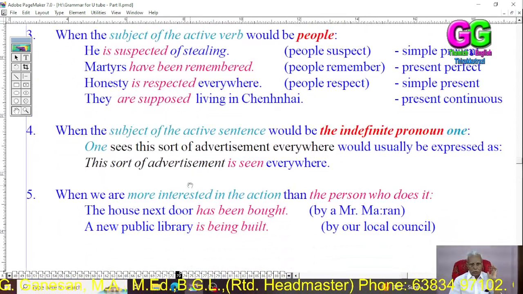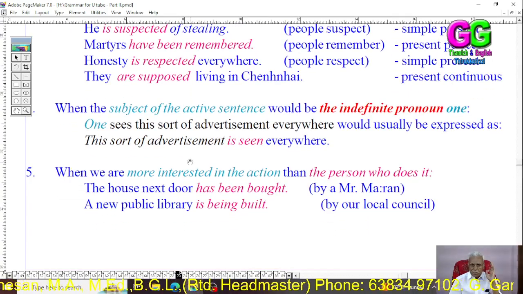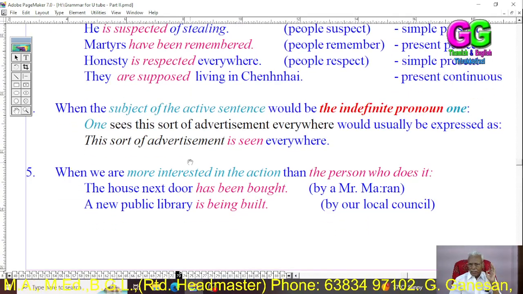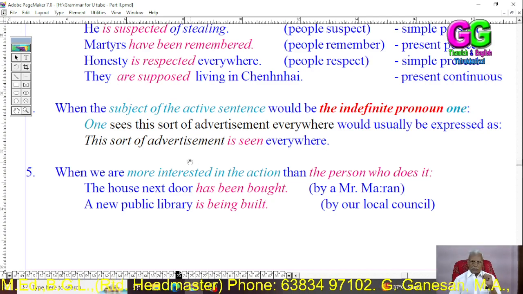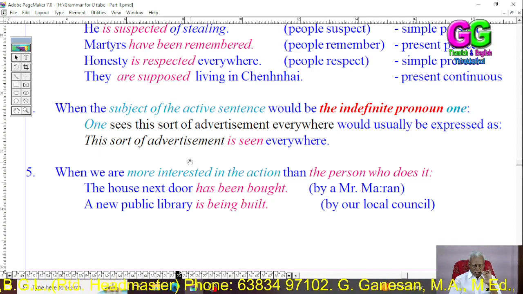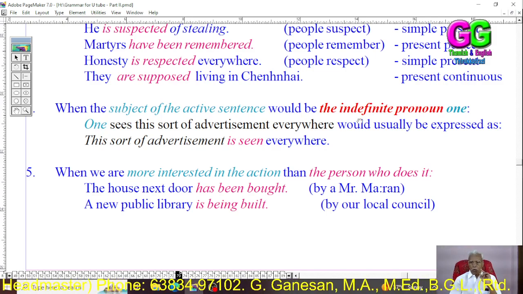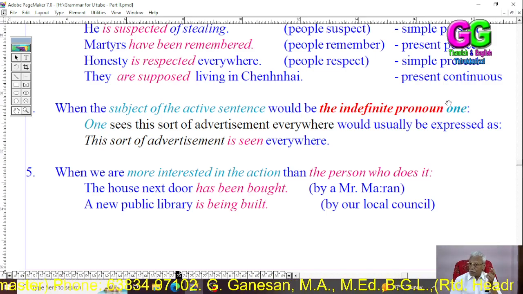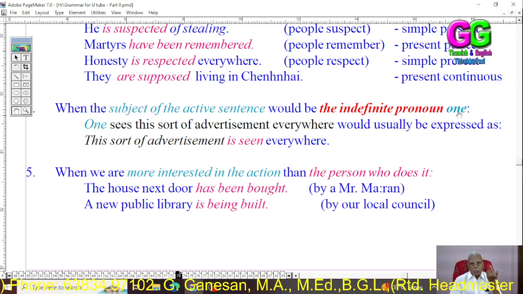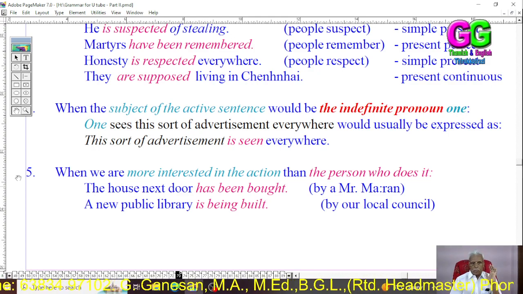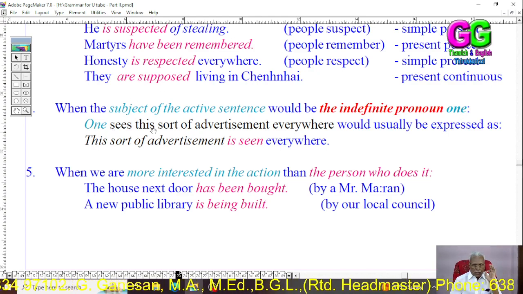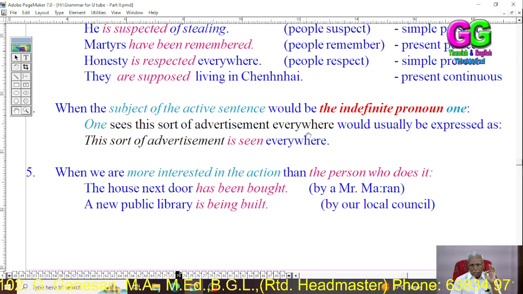Then, fourth: when the subject of the active sentence would be the indefinite pronoun one, it is better expressed in passive form. For example, one sees this sort of advertisement everywhere.